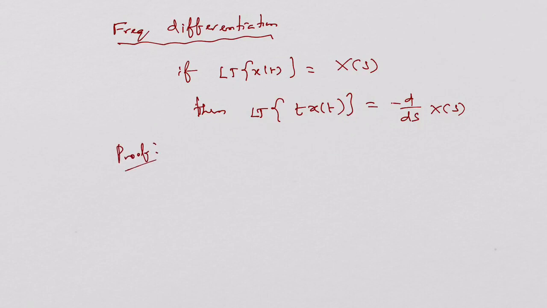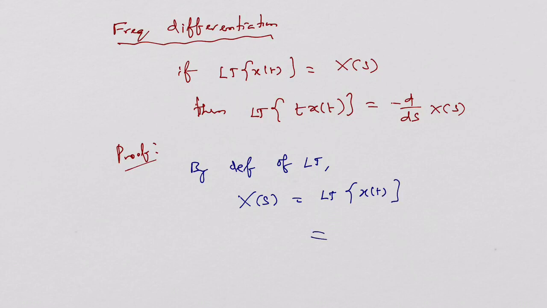I will start explaining the proof. By definition of the Laplace transform, X of s is equal to the Laplace transform of a signal x of t, which is equal to the integral from minus infinity to plus infinity of x of t into e power minus st dt. That's it. But what is given here as a signal? t into x of t.